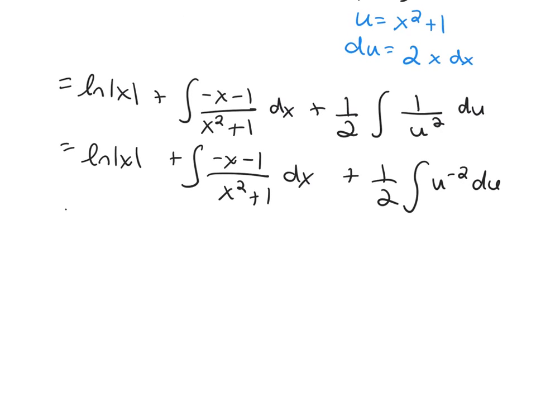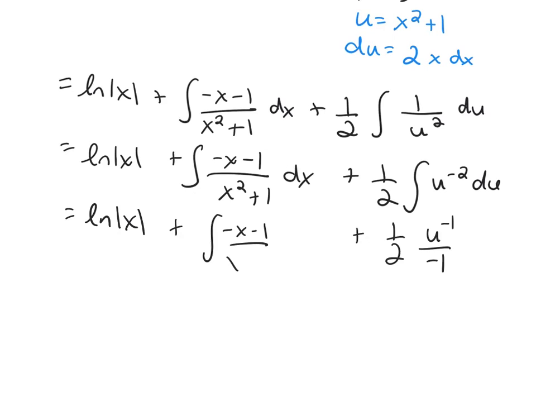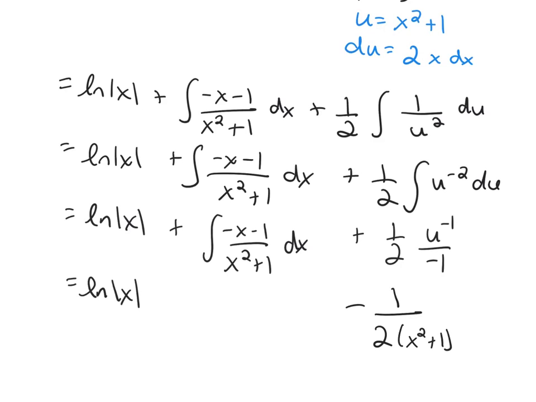Okay, so I'm getting ln of x plus 1/2 u to the -1st over -1. Okay, and then replace with u there. So I'm gonna make it a negative 1/2, and u moves to the denominator, so it's x squared plus 1. Okay?